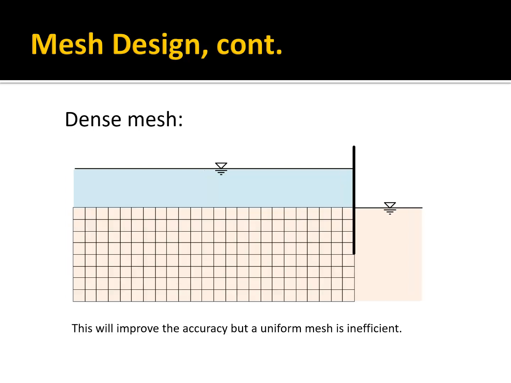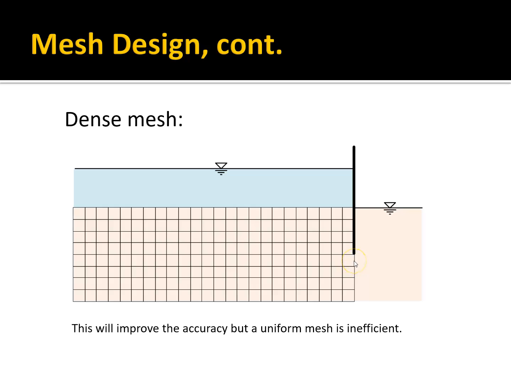This would be a more dense mesh. I'm not saying this is necessarily sufficiently dense, but this would give us a more accurate solution. Now the problem is most of our flow is going to occur right around the tip of this sheet pile. So we're going to have big changes in head over a short distance.